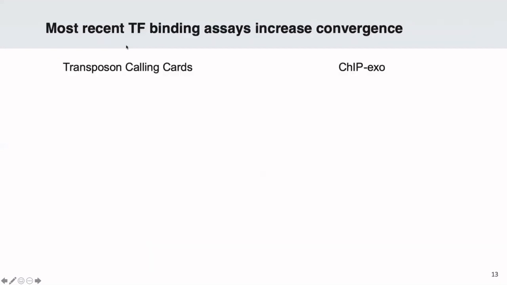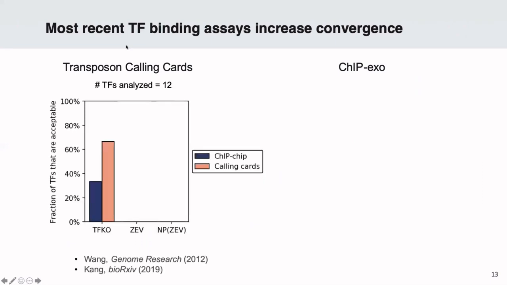To even further improve our result, the last point I want to talk about is that there has been development in newer TF binding location assays, such as transposon calling cards and ChIP-exo. In transposon calling cards, we're analyzing 12 transcription factors that are available in ChIP and calling cards, and also the two response data sets.